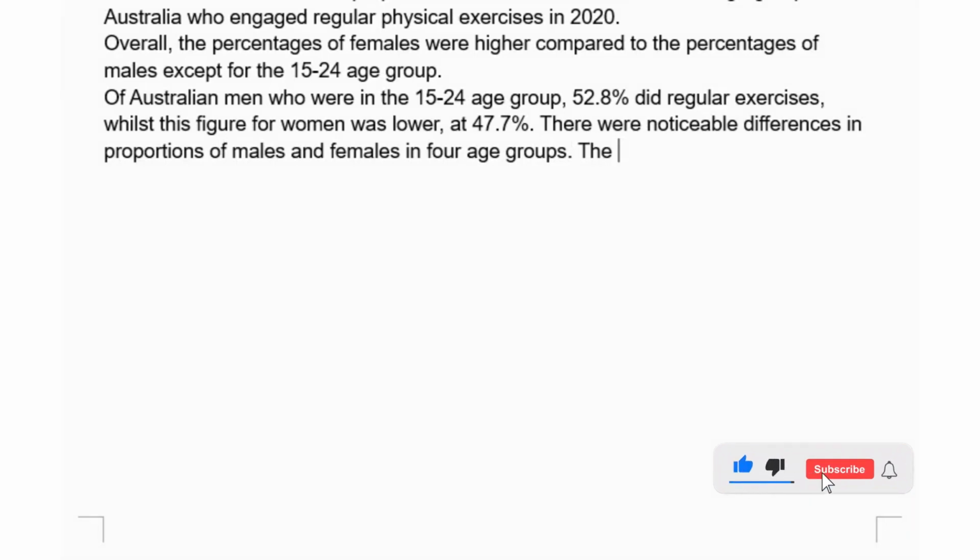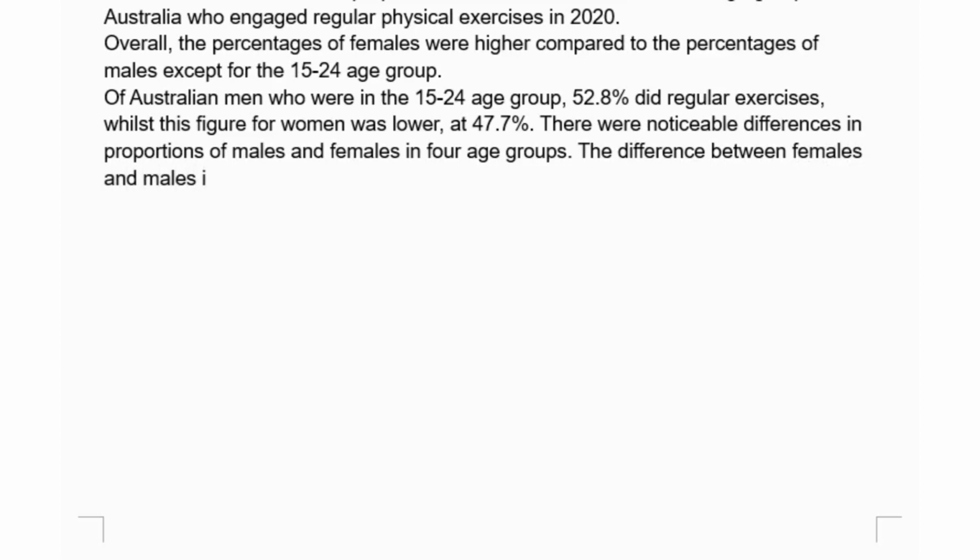The difference between females and males in 25 to 34 was over 6%, 42.2 for men and 48.9 for women.